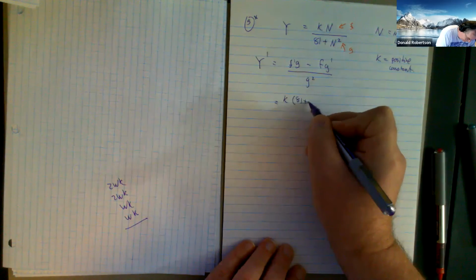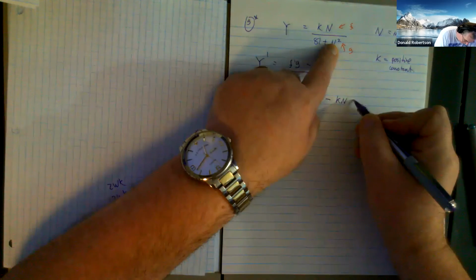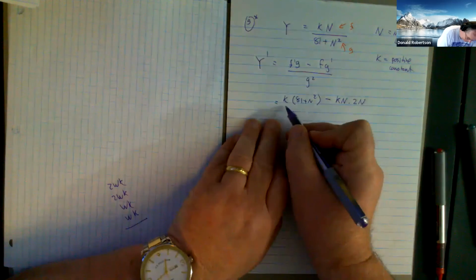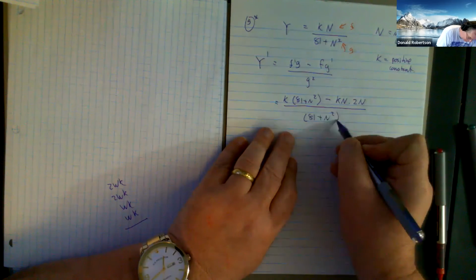Leave the other guy alone and differentiate this guy. You get 2n, all over the bottom squared.